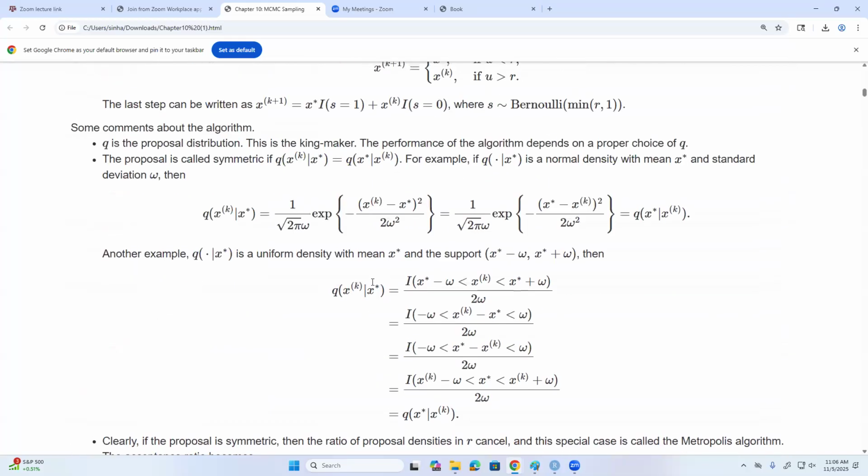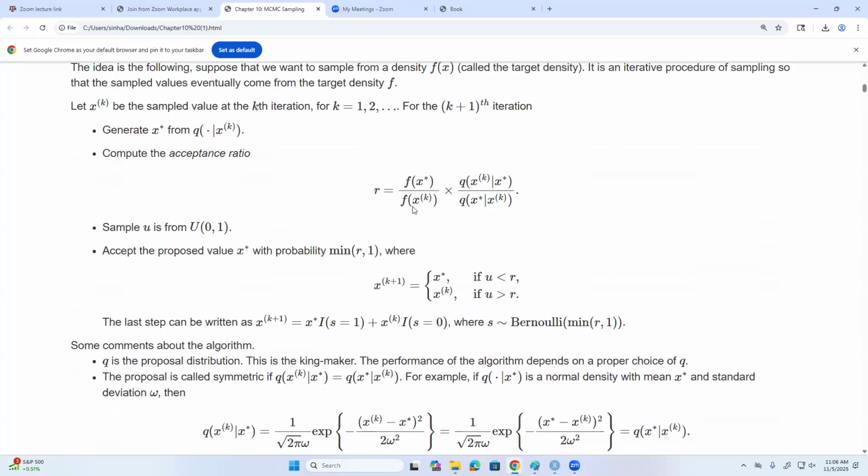Acceptance probability calculation: we don't calculate the ratio as such, we calculate the log of that ratio. The reason is, if you try to calculate the ratio directly, it will often be very small, like 0 over 0, that type of thing. So to avoid that numerical issue, calculate the log.